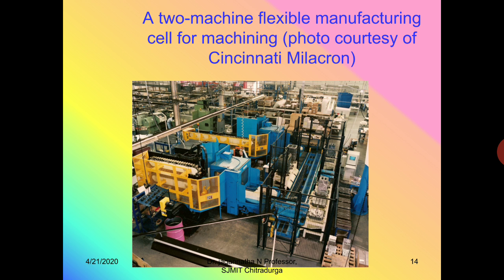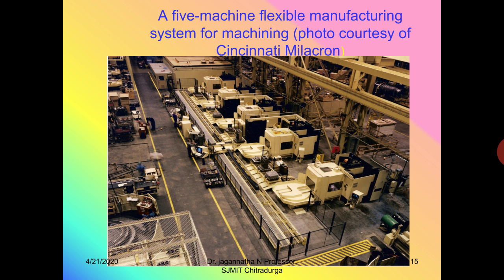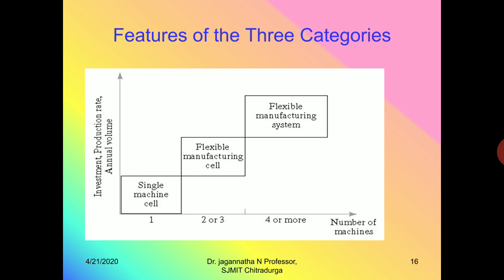A two machine flexible manufacturing cell is also shown in a photograph from Cincinnati Lamb, one of the companies. It has already implemented a five machine flexible manufacturing system. Here there are five workstations, and the material handling takes place in vehicles, trucks on rails, or conveyors.